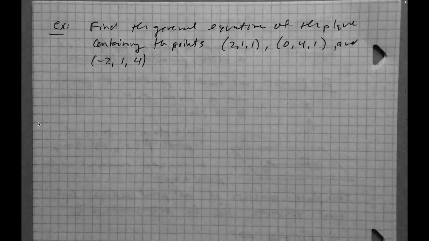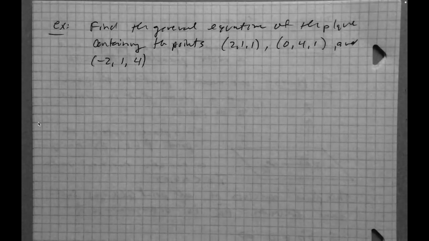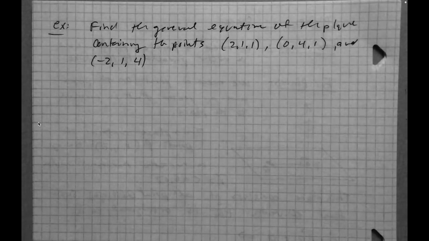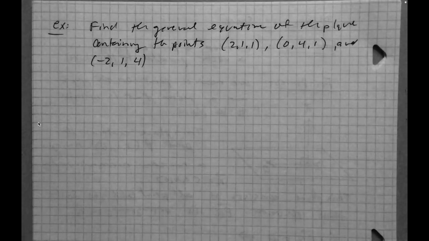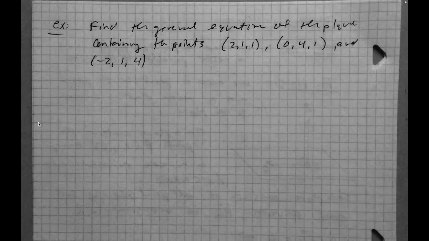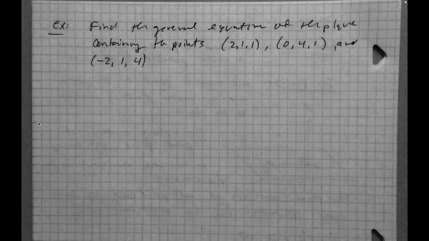Okay, so it's going to take 3 points to define a plane. If you just give me 2 points, then there's an infinite number of planes that could envelop those 2 points. So you need 3 to define a unique plane.